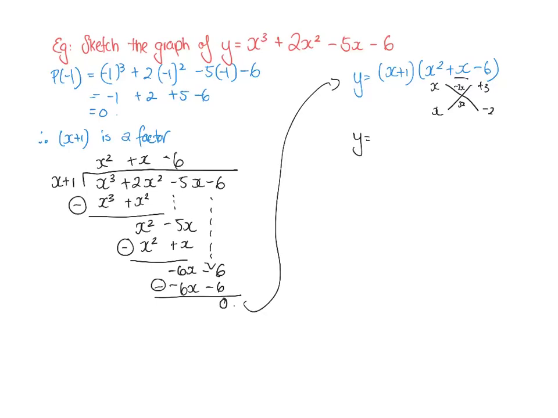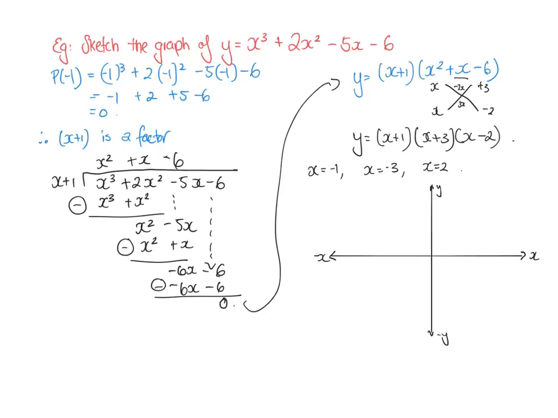So now I've got y equals x plus 1, x plus 3 and x minus 2. So essentially you now know that the x-intercepts are -1, -3, and 2.